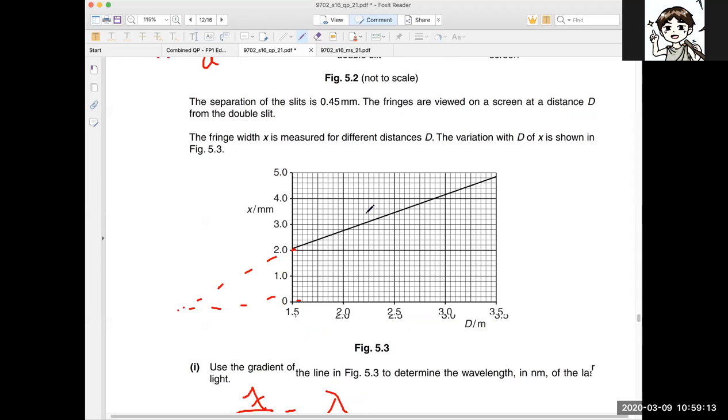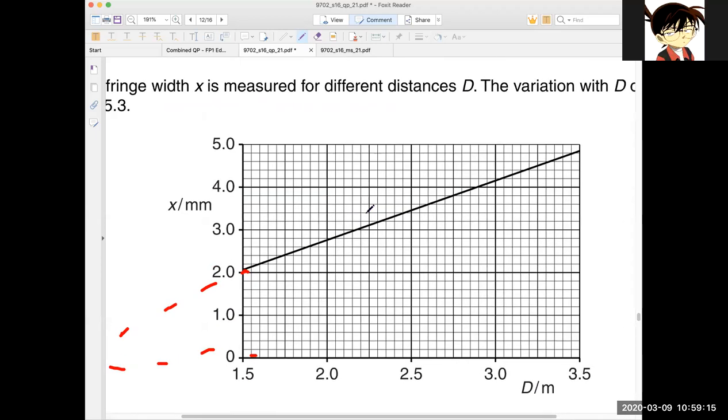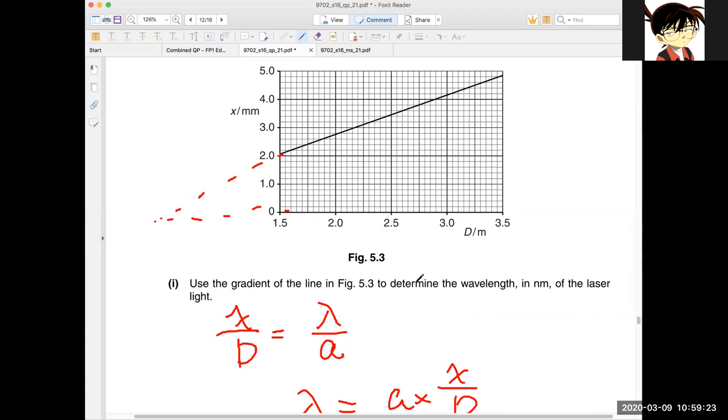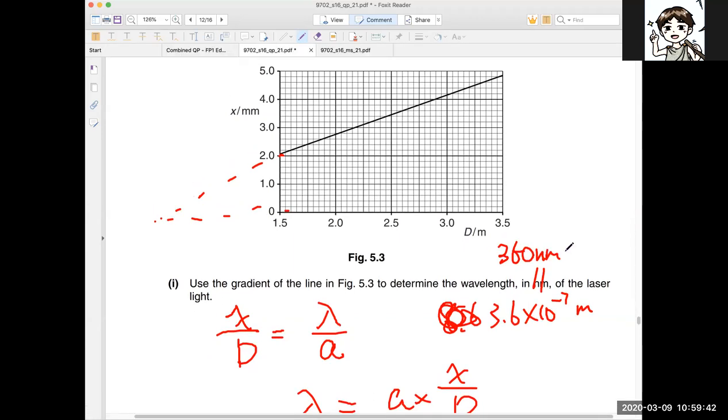Let me enlarge the graph, okay? Times 10 to the power of negative 7. What do you get? 3.6 times 10 to the power of negative 7. In nanometers, never mind. Otherwise you're out of the visible light range. So in units of nanometer it is 360 nanometer.